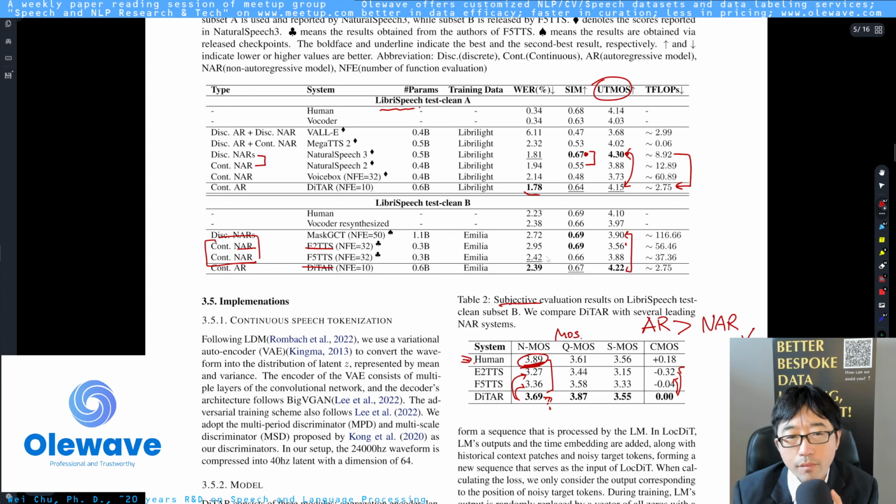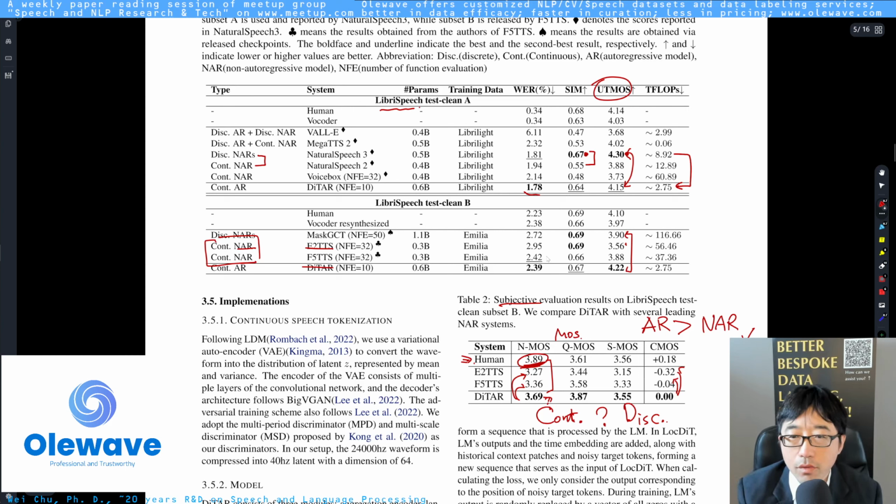But according to the results they show in Table 2, they haven't demonstrated that the continuous speech tokens are better for modeling versus the discretized speech tokens.